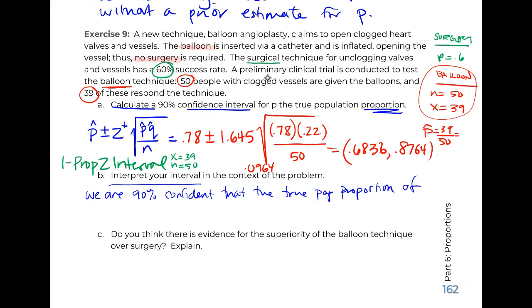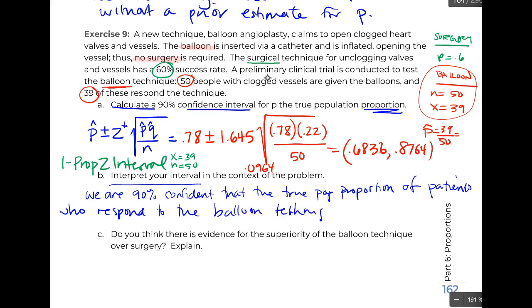So this was people responding to the balloon technique, of patients who respond to the balloon technique is between 0.6836 and 0.8764.